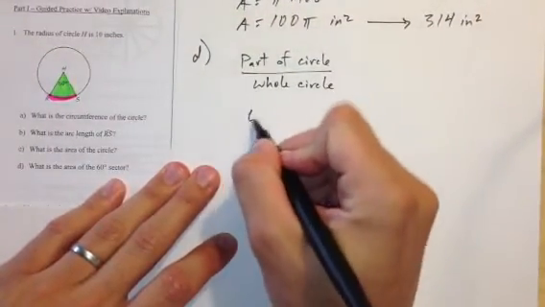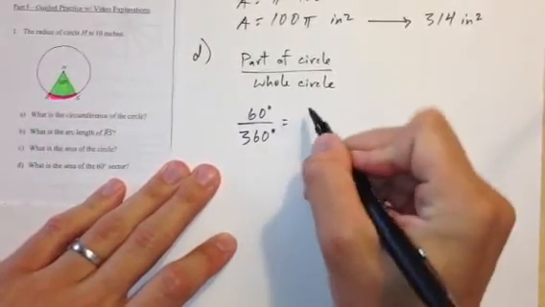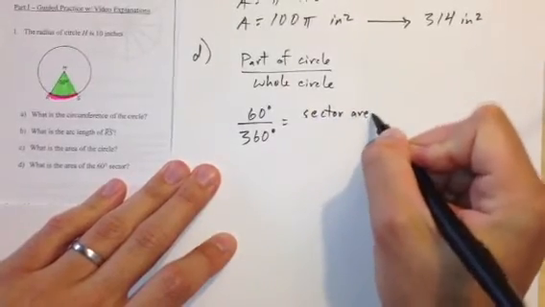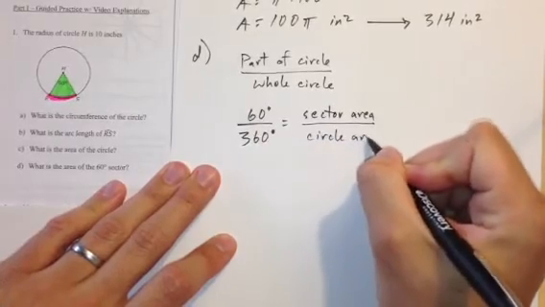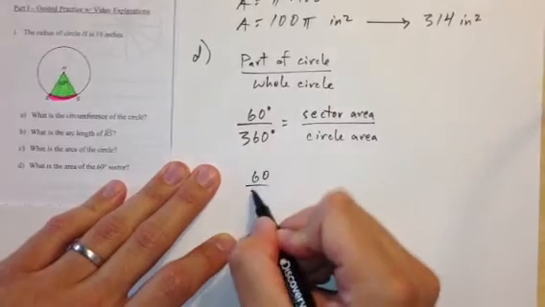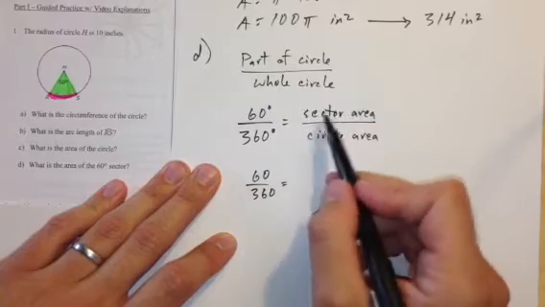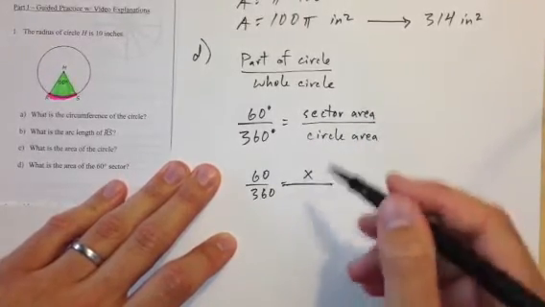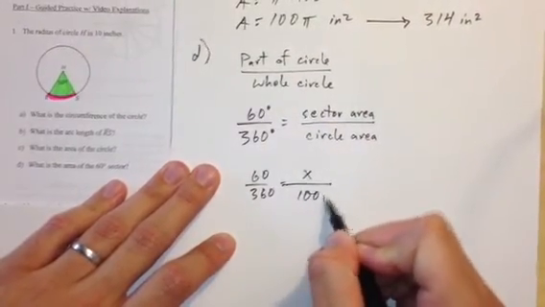Our fraction is 60 degrees over 360 degrees equals the sector area over the circle area. 60 over 360 equals the sector area, which we don't know and are trying to find, is x, over the area of the circle, which we found in part C, is 100 pi.